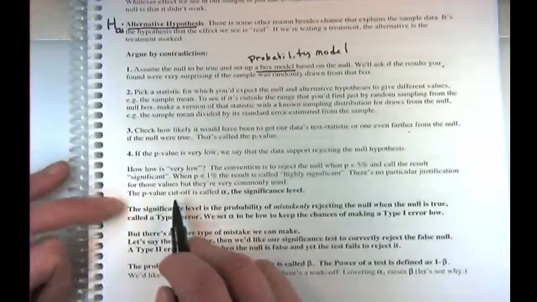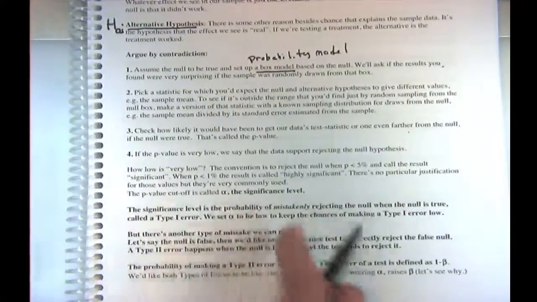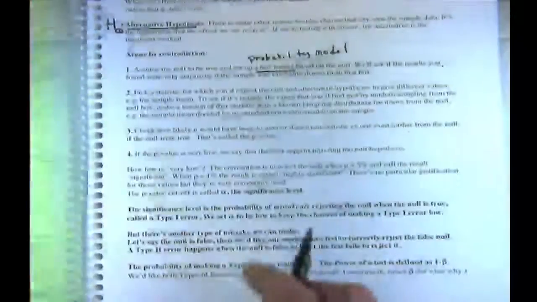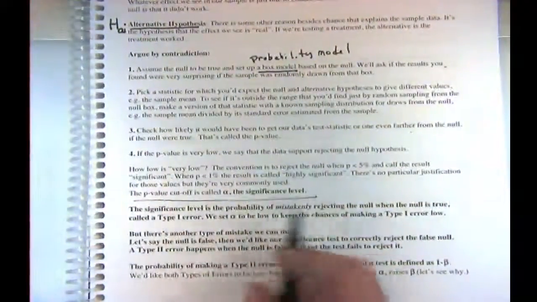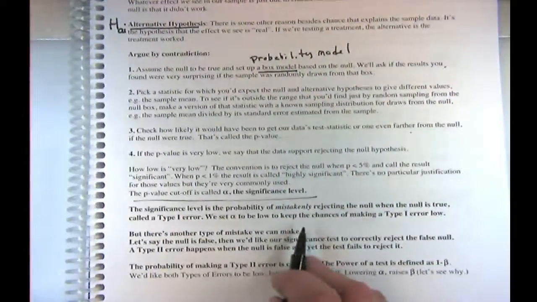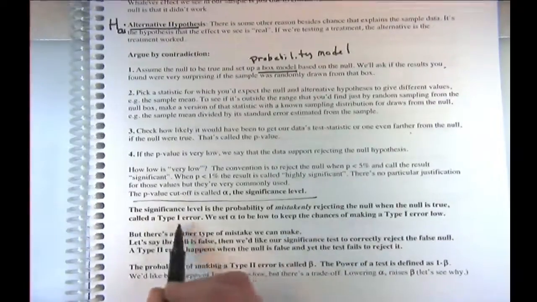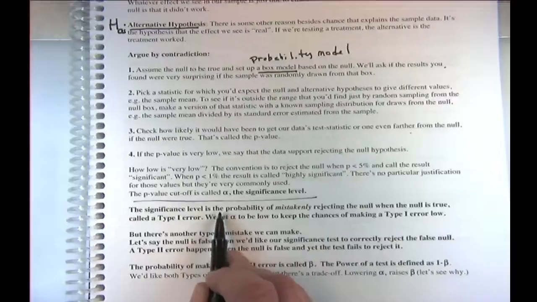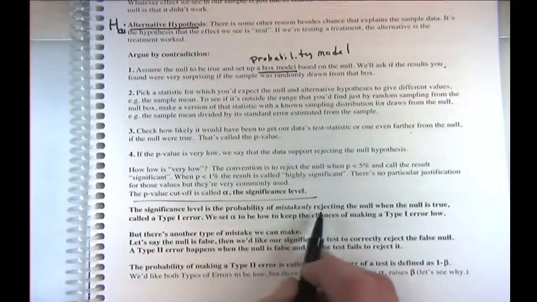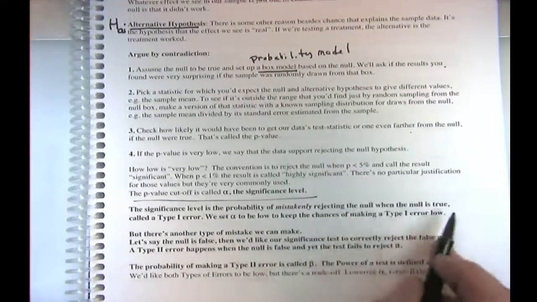And where we decide to set the cutoff is called the significance level, alpha. Another way to think of it is the probability of making what's called a type 1 error. The significance level is the probability of mistakenly rejecting the null when the null is true.